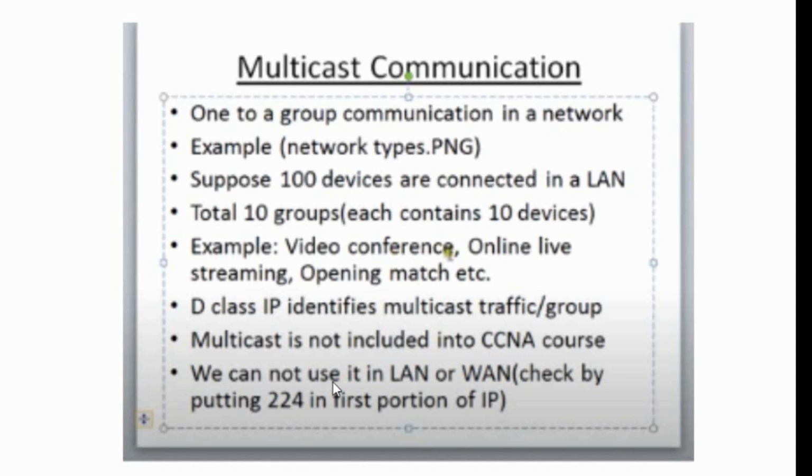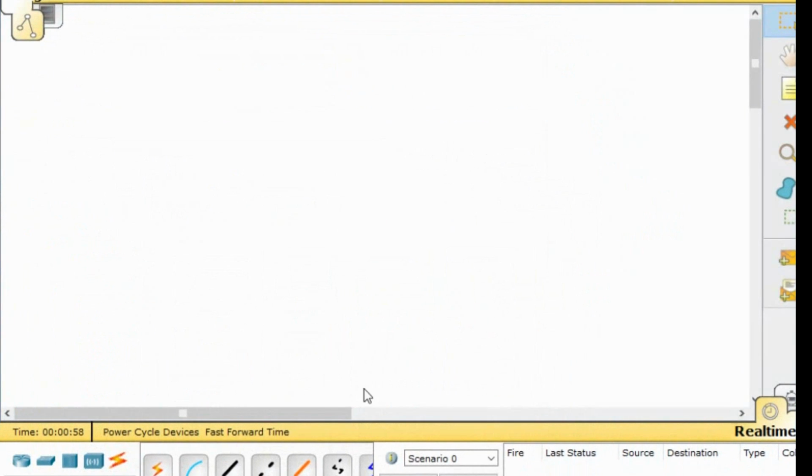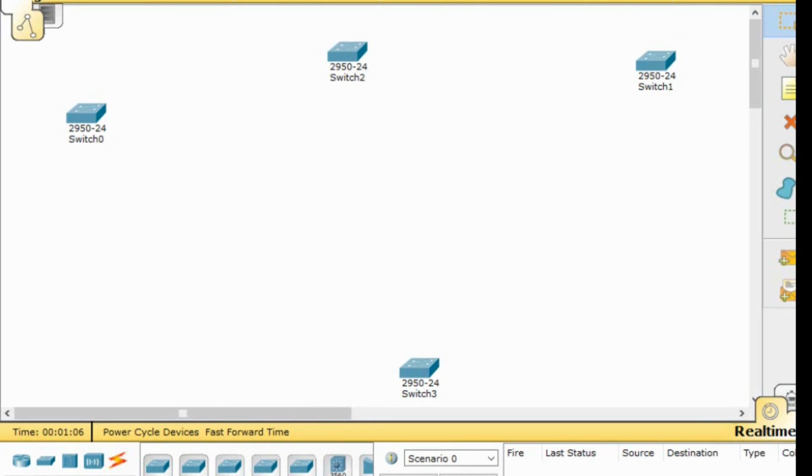We can identify it, in LAN or WAN, by a 224 in the first portion of the IP address. So that's the brief explanation: one-to-a-group communication is called multicast communication. Let me give an example in Cisco Packet Tracer. I have one switch here, another switch here, another switch here, and another switch here, right?